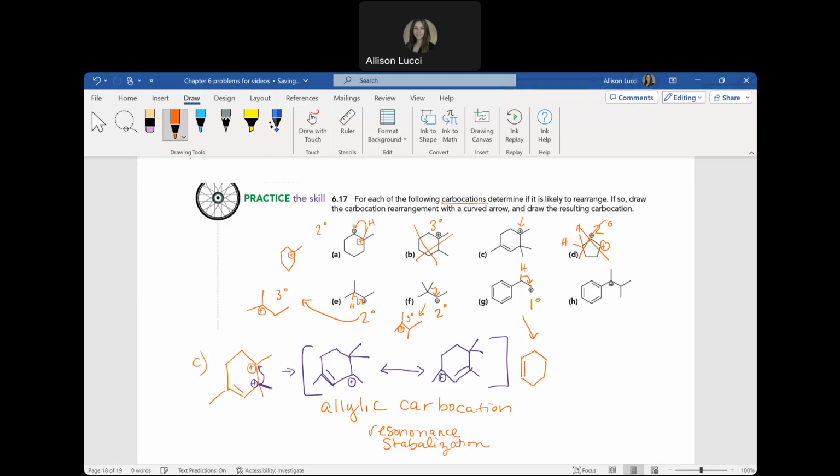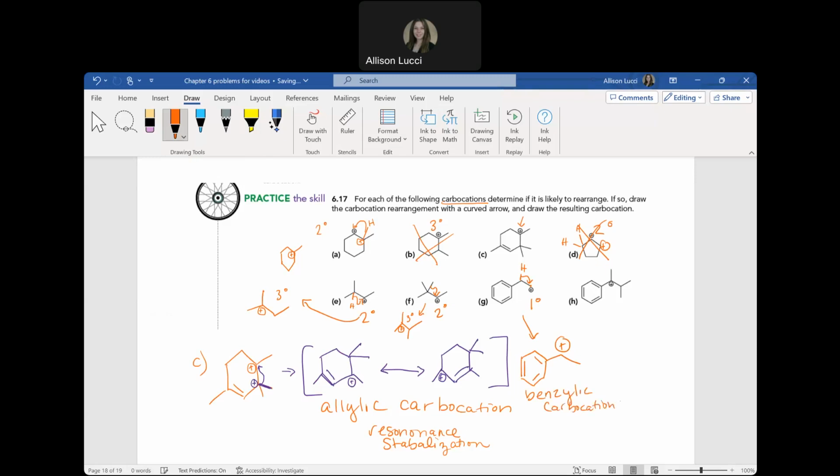Let's draw it the same way. We have this site here, so this would be a secondary but resonance stabilized carbocation. In chapter 7, we'll dive a little deeper into what's called a benzylic carbocation.